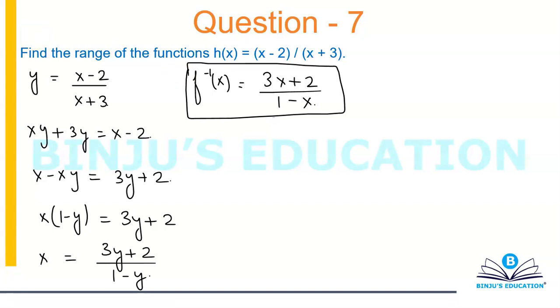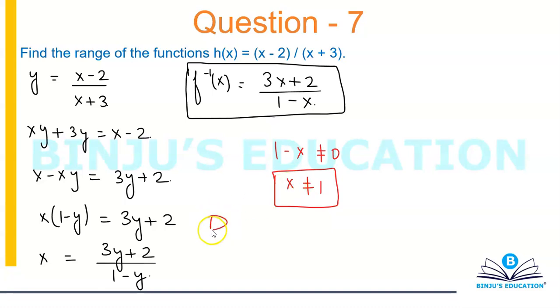Now we know that the denominator can never be equal to 0. Which means 1 minus x cannot be 0, which means x cannot be 1. Apart from that, x can be anything. x can be positive, x can be negative, it can be anything.